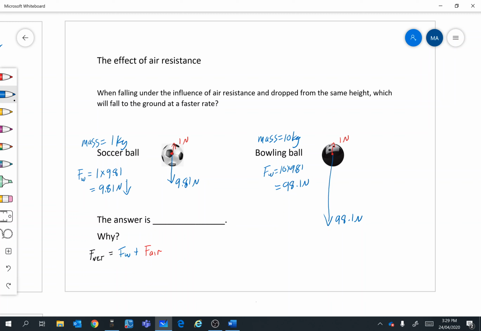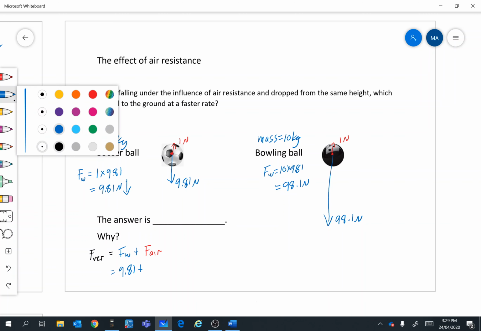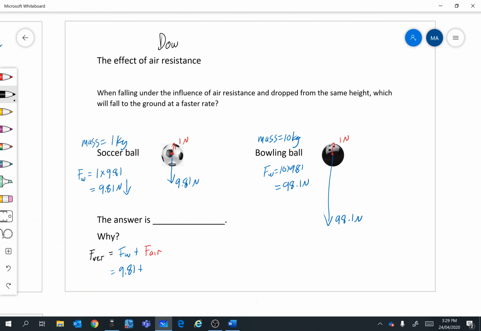So Fw is 9.81 plus, now air resistance is in the opposite direction, so I'm going to say in this case that down is positive, so we'll say air resistance being upwards is -1 because it's in the opposite direction. So the net force acting on the soccer ball is 8.81 newtons downwards.